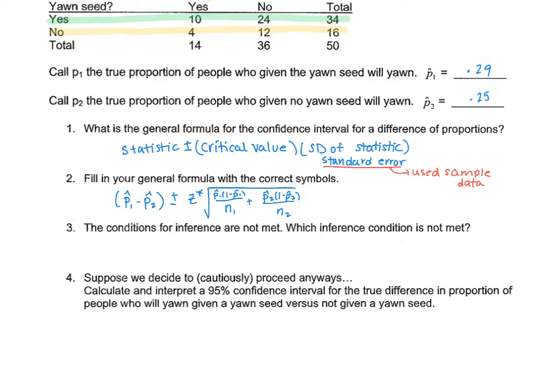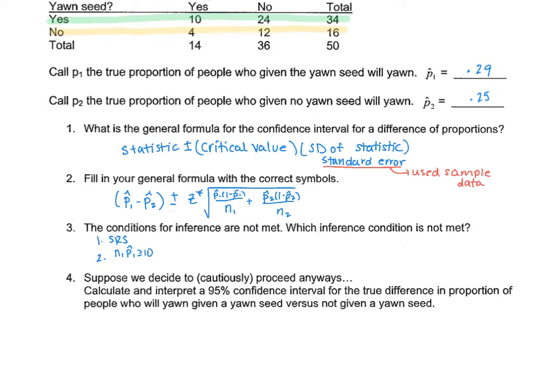The conditions for inference to make a confidence interval are the same, so let's see which ones are not met in this case. The first one is a simple random sample. This was a random sample of people, even though it doesn't say it, and they were also randomly assigned to the groups, so that sometimes will meet this randomness condition. Number 2, you're going to check n1 times p hat 1 is greater than or equal to 10.